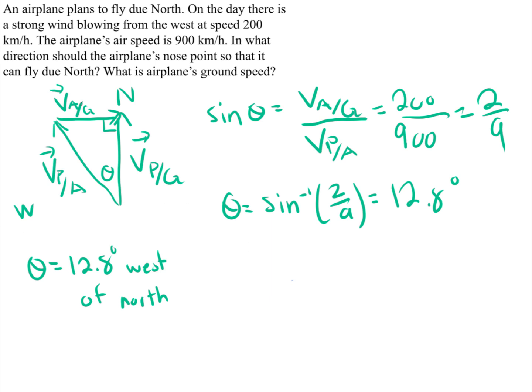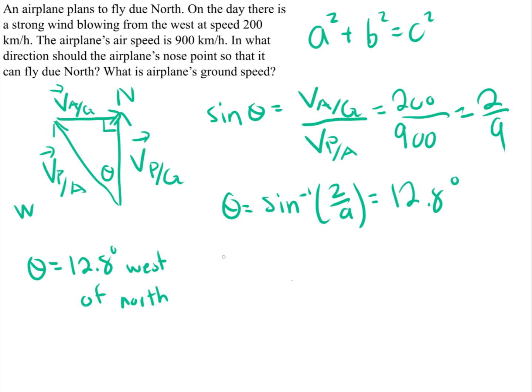And next, it asks us for the airplane's ground speed. If you look at this, it makes a right triangle, which means that we can use the Pythagorean theorem, which says that a squared plus b squared equals c squared, and c is the hypotenuse here.